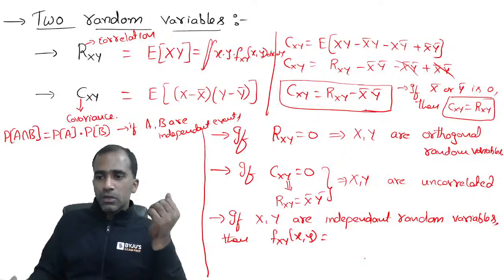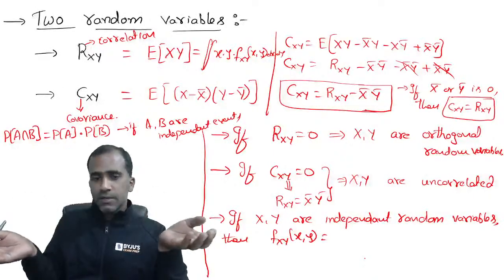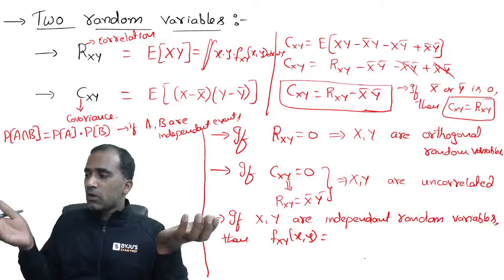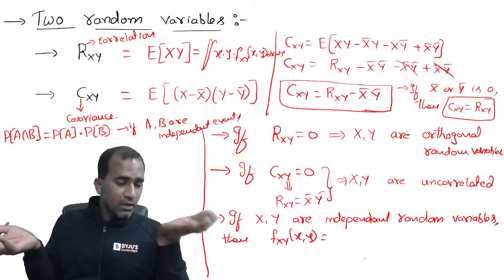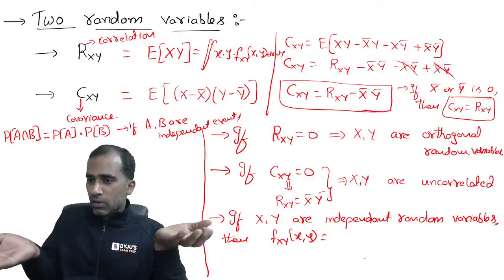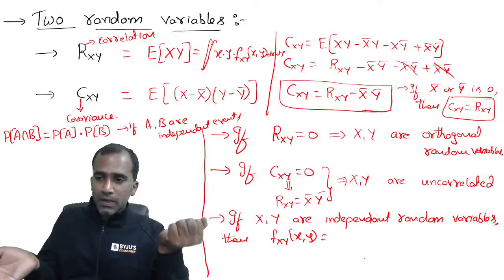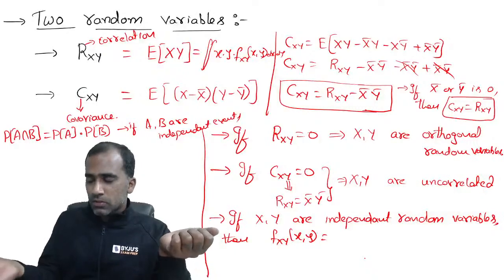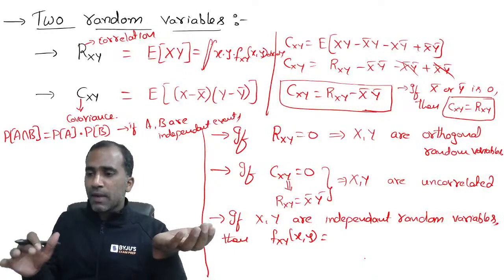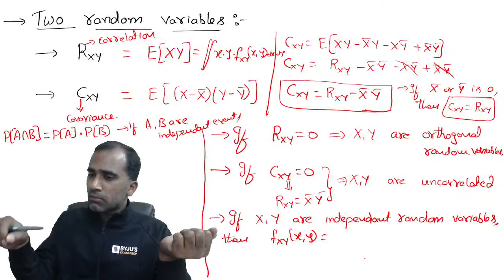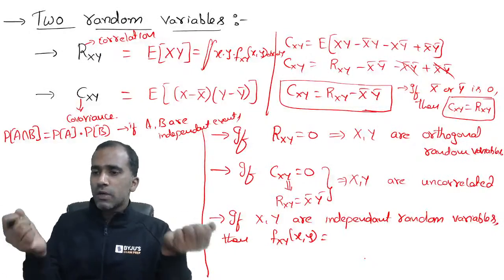Simple example: two coins you are tossing. What is the probability of getting a head on one coin and a head on the other coin? Getting a head on the first coin is nowhere going to change what we get on the second coin. So getting a head on the first coin is one event, getting a head on the second coin is another event, and these two events are not going to impact each other. That's why these two are independent events.